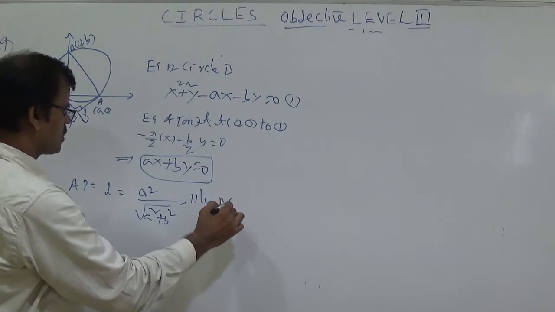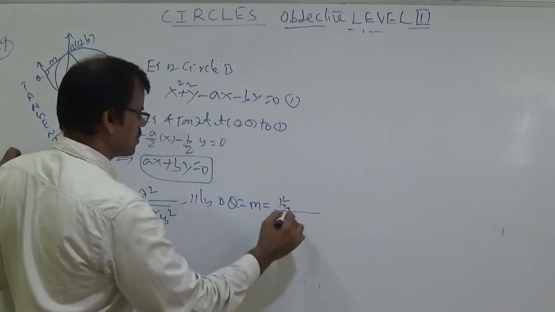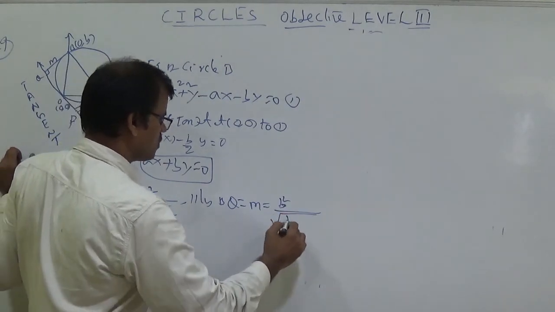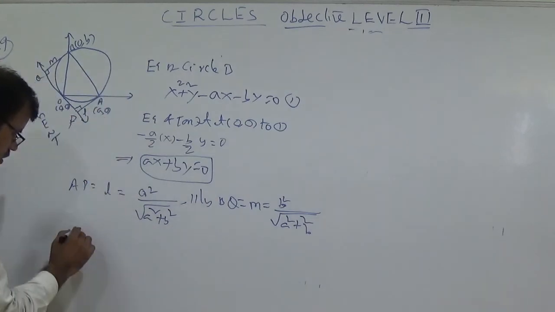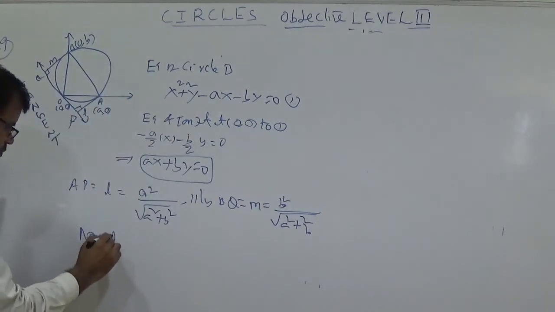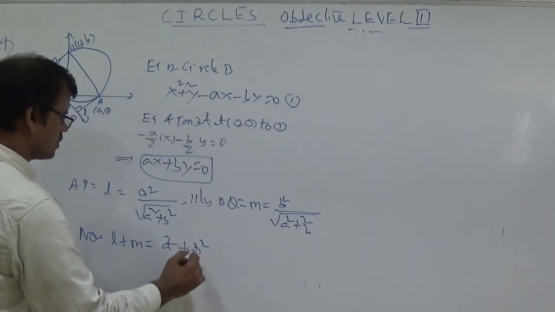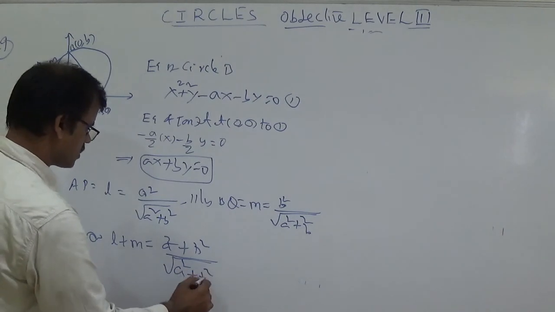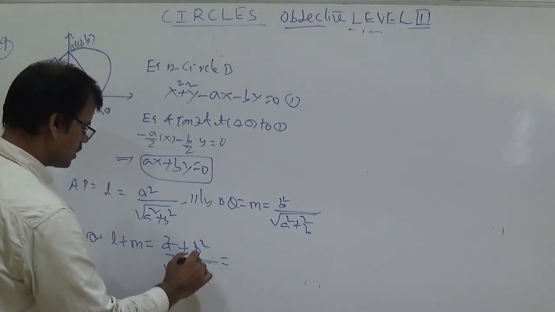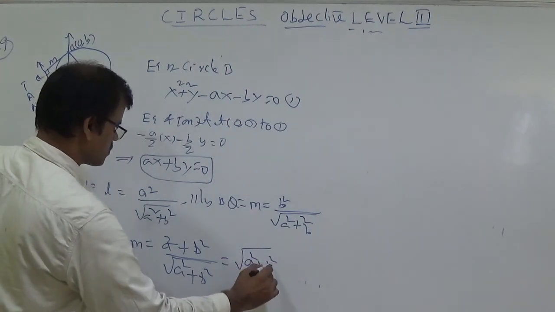Similarly, BQ is equal to M is equal to b square by root of a square plus b square. Now L plus M is equal to a square plus b square by root of a square plus b square, which you can write as root of a square plus b square.